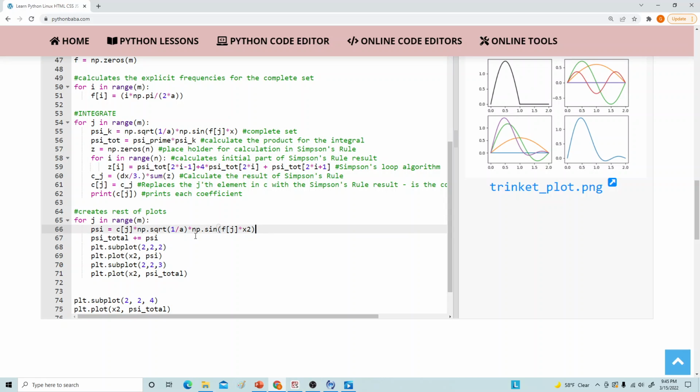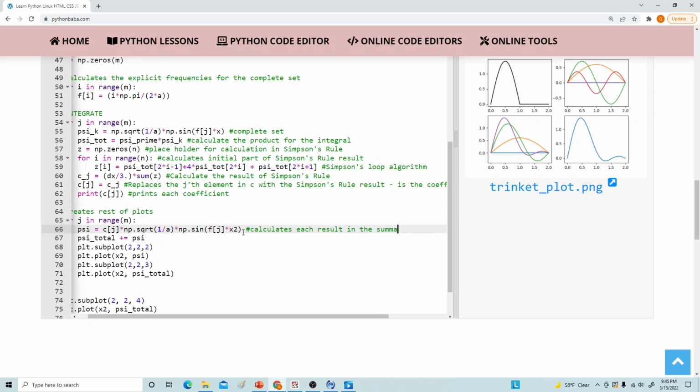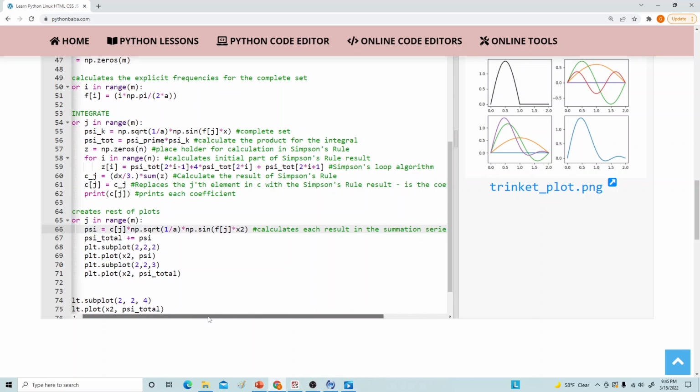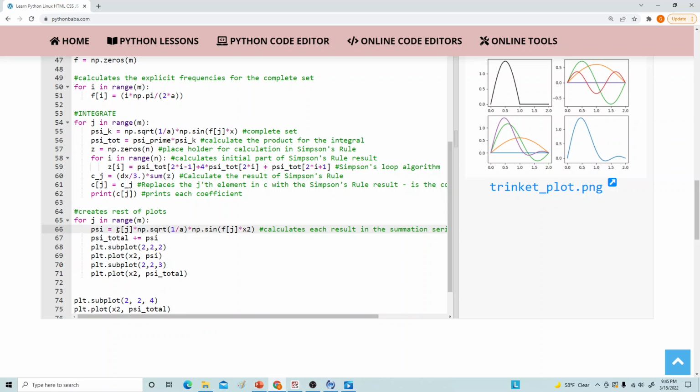So this line of code actually calculates each result in the summation series. Okay, I'm taking my coefficient that I just found, and I'm multiplying it by the complete set that we had defined right here.